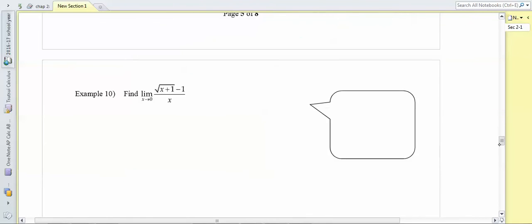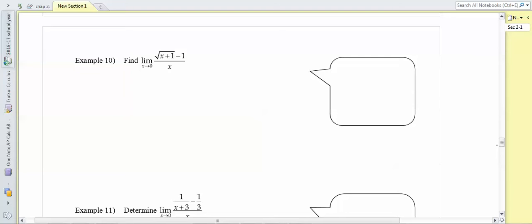Example 10 requires a different kind of algebraic technique. Hopefully when you look at example 10, it'll remind you of some sorts of problems that you did in pre-calculus. I think you came across this when you were doing trig identities, something a little bit like this. I want the limit of this.